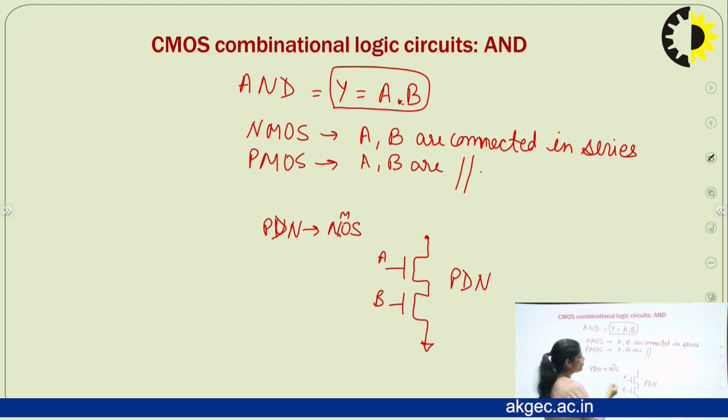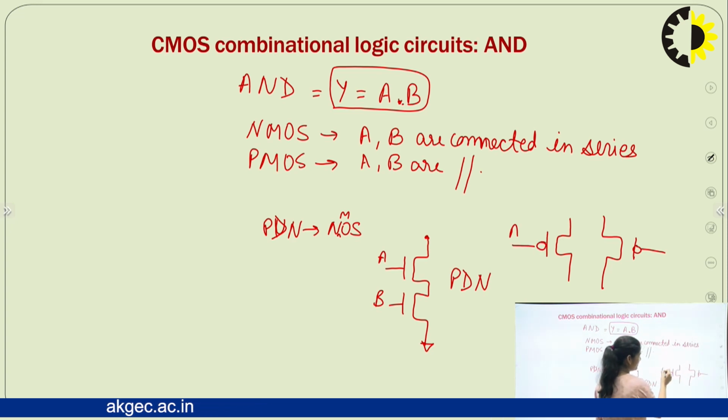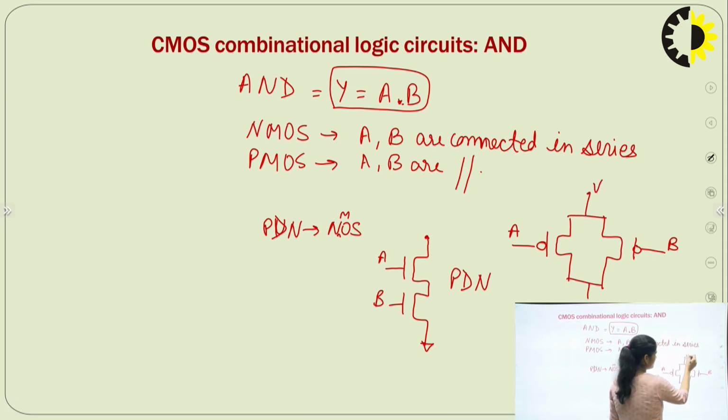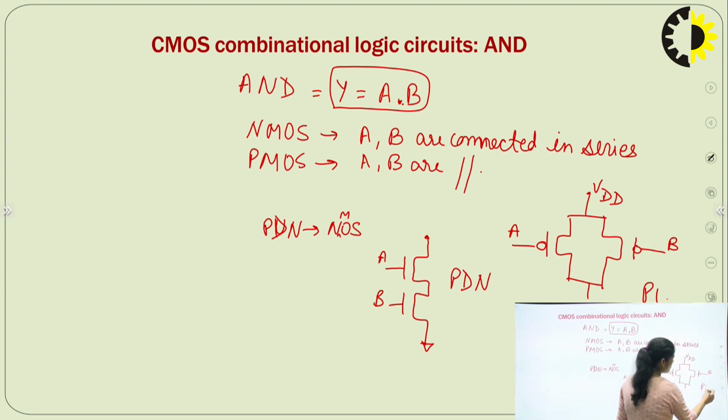And in the case of the pull-up network, A and B are connected in parallel. Now this is the pull-down network and this one is the pull-up network.